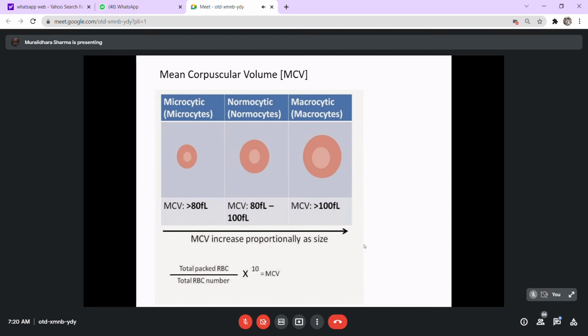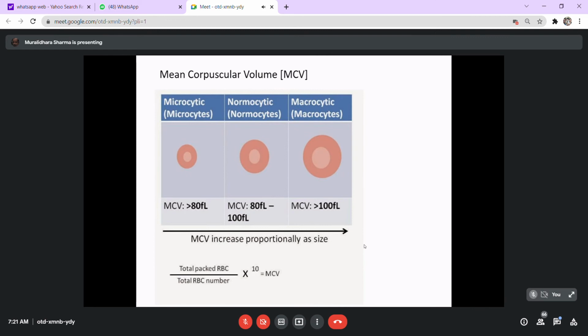Now, under the microscope, we have discussed microcytic anemia and macrocytic anemia. Microcytic anemia is where the RBCs are smaller, and macrocytic is where the RBCs are bigger. Instead of looking at the size under the microscope, which can create an error, the computerized data of hemogram studies will give you the volume of the RBCs.